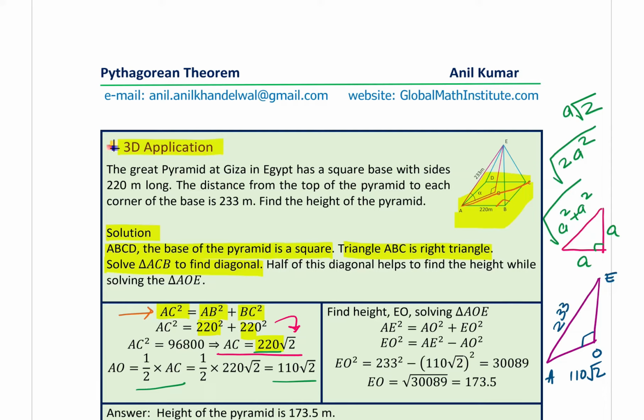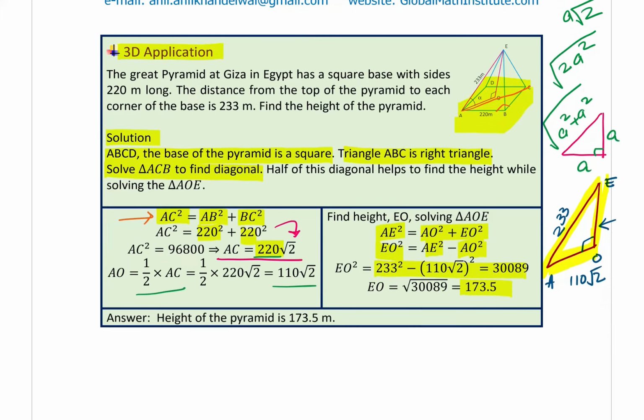So height is the smaller leg, so it is a difference of squares, right? So this is what we need to figure out. We can find EO square as the hypotenuse square, AE square minus AO square, correct? So it is a difference. We find the height using this formula, substitute the values and calculate your result. Is that clear? So that is how you should be solving this particular question, right?